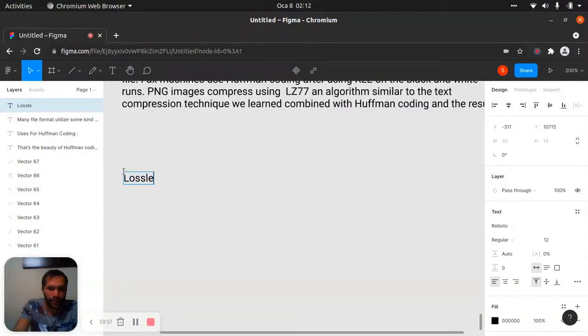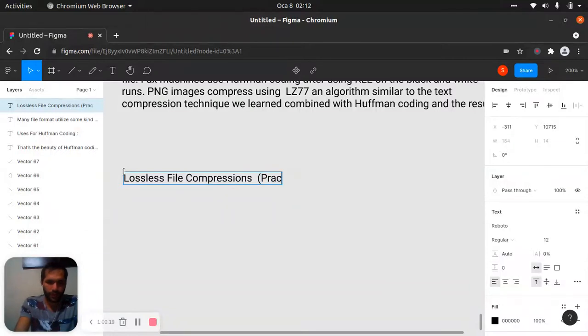Say lossless file compression, and let's say how we can do it. Say practice questions.